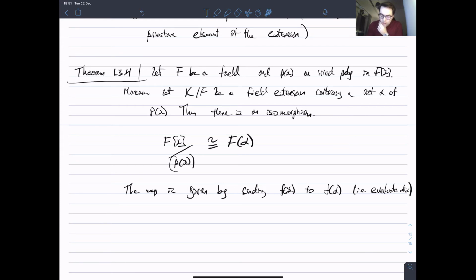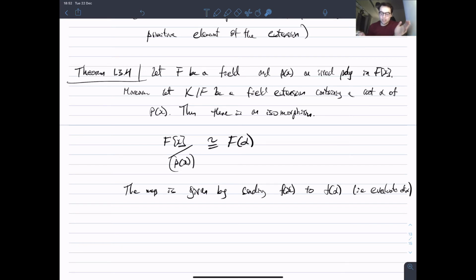You might wonder why I've chosen my field here. I need to assume that there exists a field somewhere which contains my root. There are some philosophical reasons why this is important. If you don't want to worry too much about this, you can ignore it if you just assume that you have the complex numbers. The complex numbers contain the roots of any polynomial by the fundamental theorem of algebra.